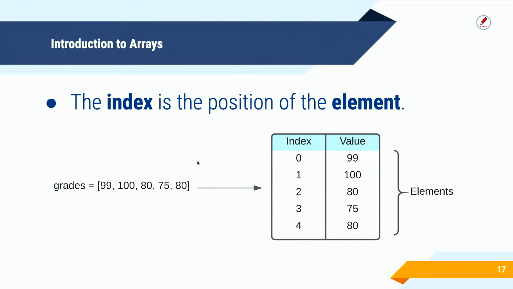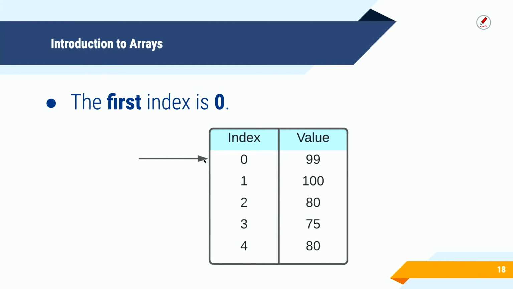The index indicates the position of the elements, and the first index is 0. If you remember when we've looked at while loops and for loops, we typically started the stepper variable at 0, and the reason is that the first index in an array is 0.